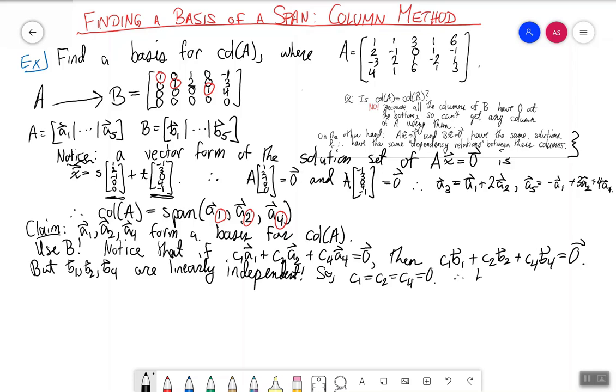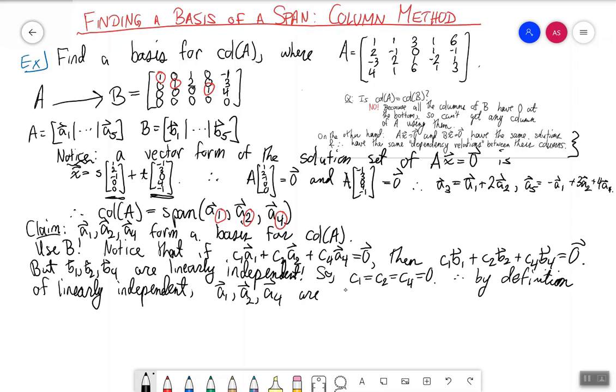Therefore, by the definition of linearly independent, A1, A2, and A4 are linearly independent.